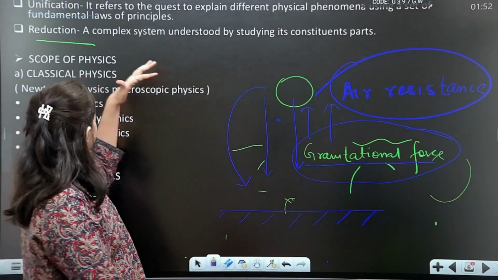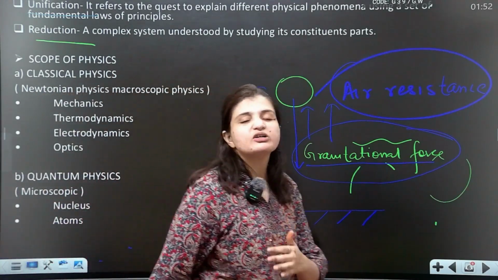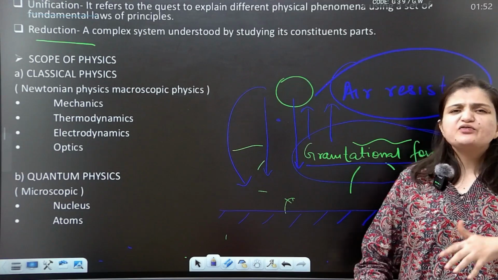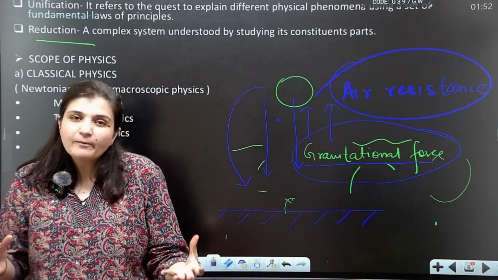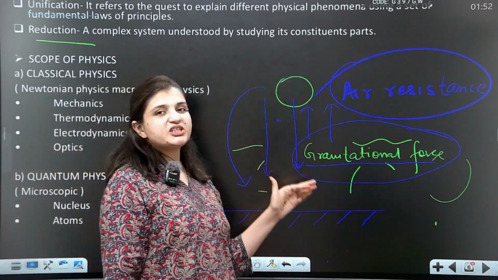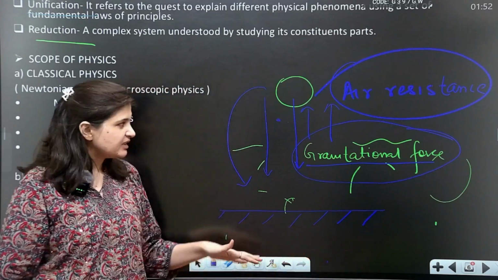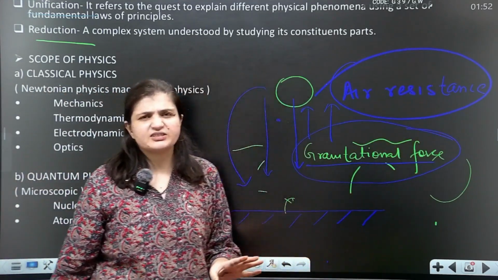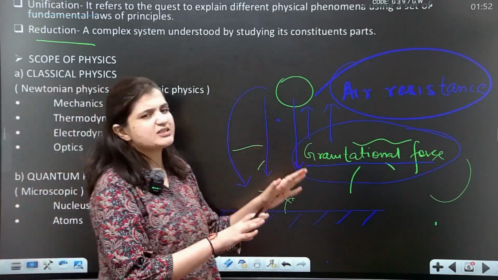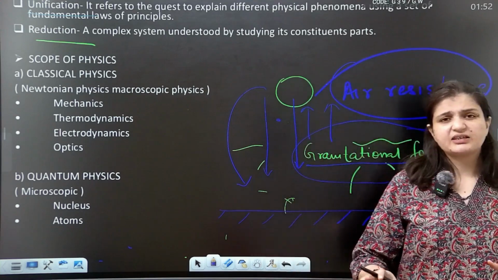This is what we call the concept of reduction, where we simplify a complex problem. When this object is dropped from a certain height, we ignore the air resistance and only the gravitational force is acting.